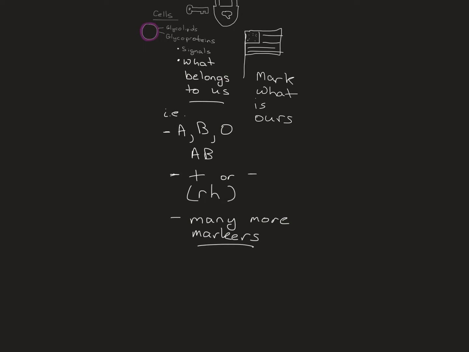There are so many markers that no two people have the same markers, unless they're twins. An identical twin is a clone. The only way you're going to get the same markers on the outside of every cell is if you have a twin. So unless you have a twin, you have no donor that's perfect.